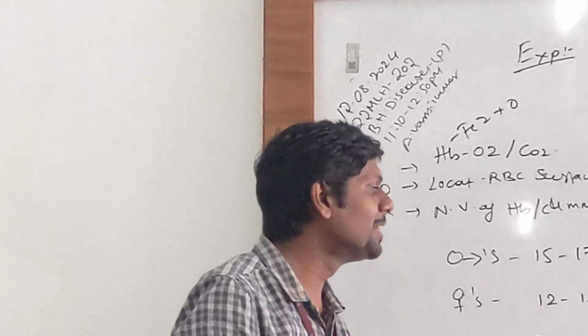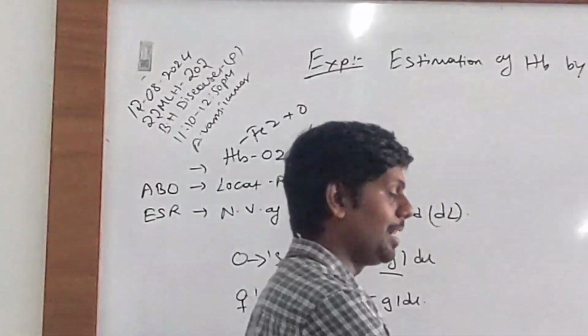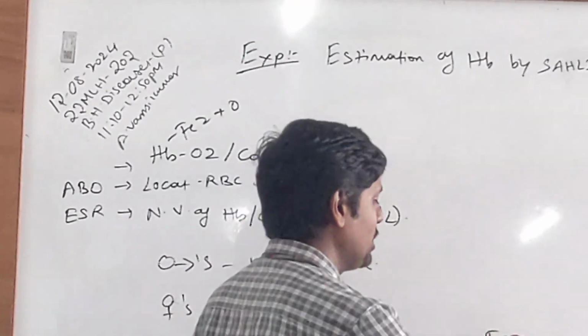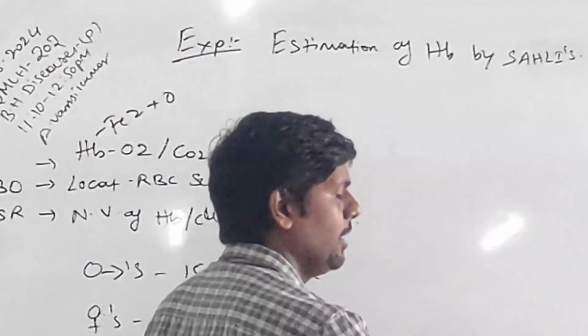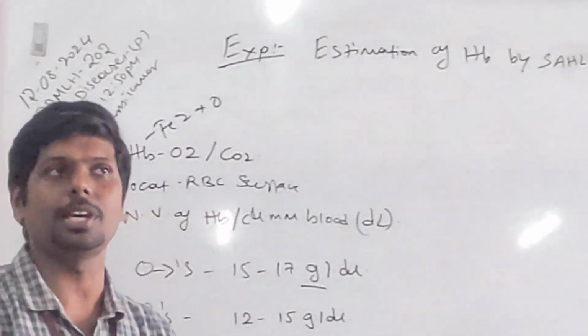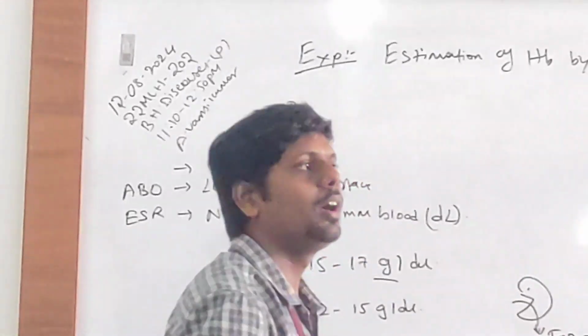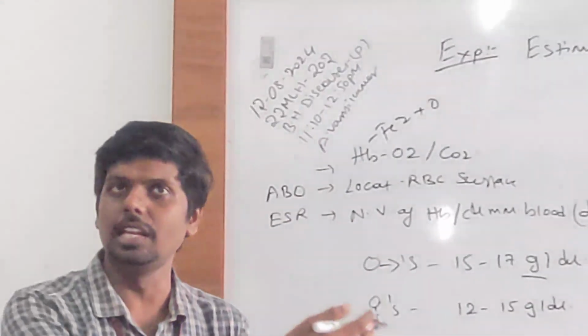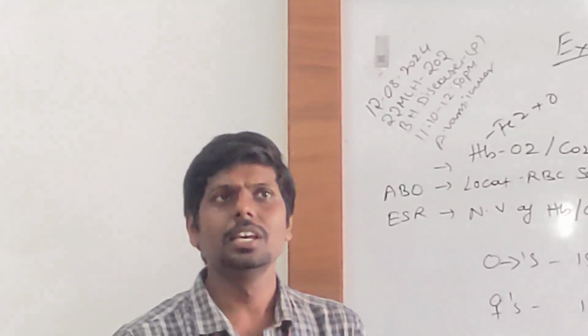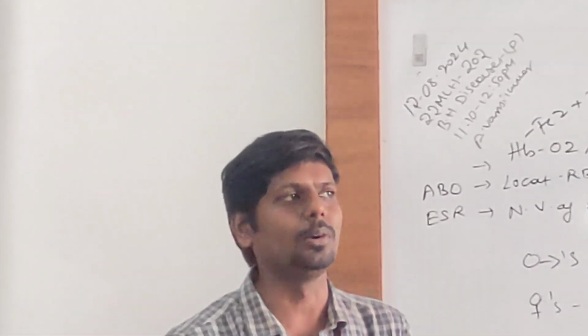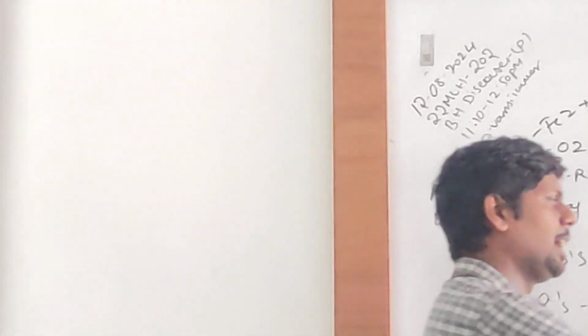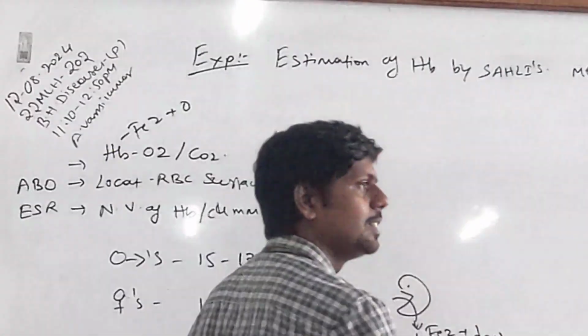So iron deficiency leads to hypochromic anemia. That is one of the dietary factors. If your diet doesn't have appropriate iron, that leads to hypochromic anemia. Any other factors that lead to hypochromic anemia?